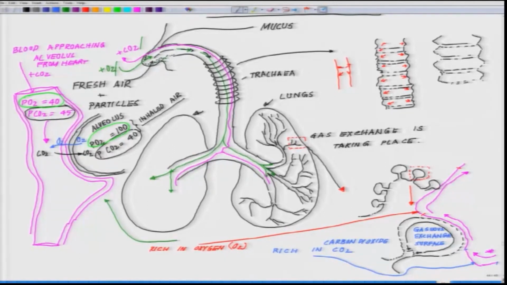And now if you have understood this exchange, there is another level of exchange. What I wanted to show is, this is the exchange which is happening in the alveolus, but the exchange which takes place for this pure blood traveling from the aorta to the rest of the tissue is slightly different, where the tissues will be needing oxygen.